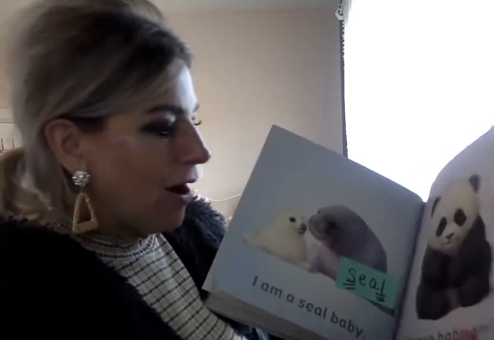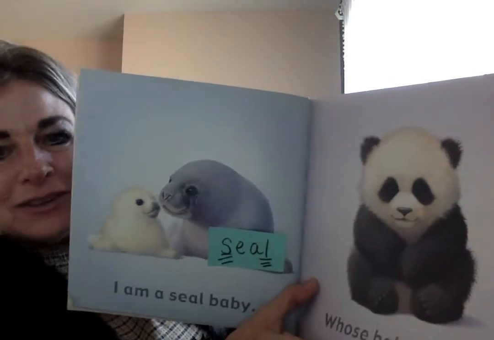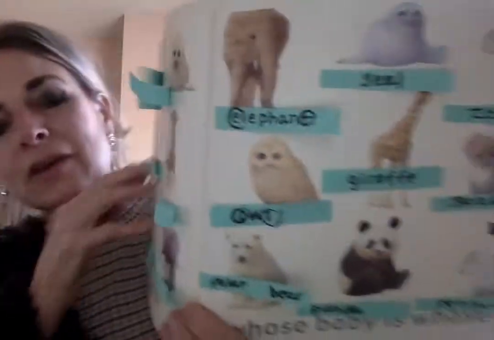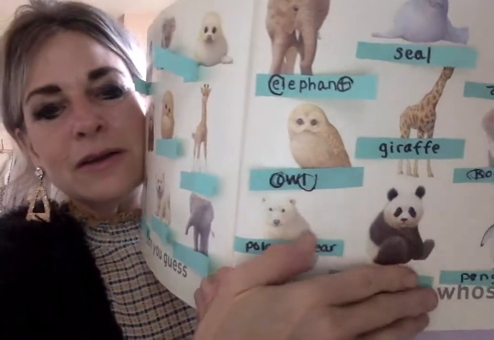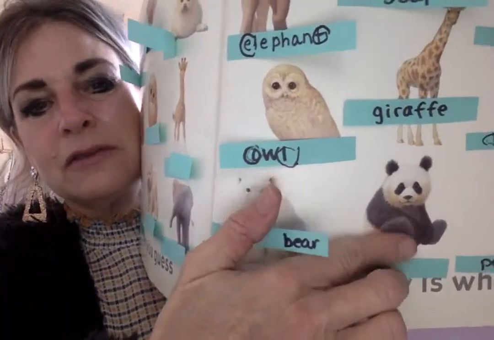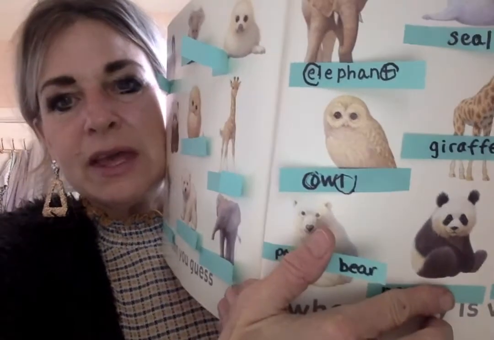Okay? Oh, look how cute. There's the mother. She's a panda bear, isn't she? Let's look for her. Do you see her? Oh, right there. Let's see if this word matches this picture. Panda.